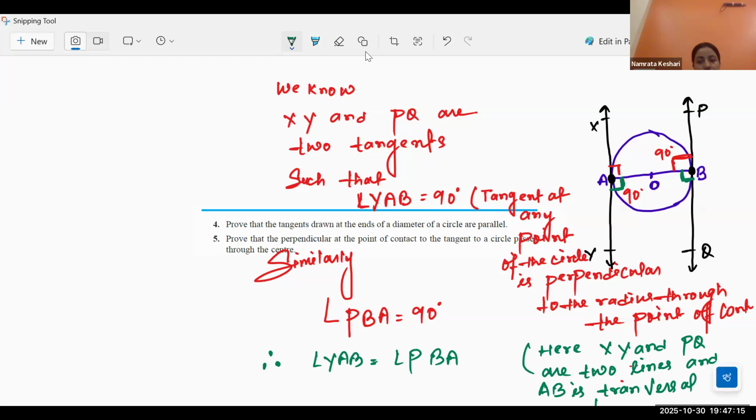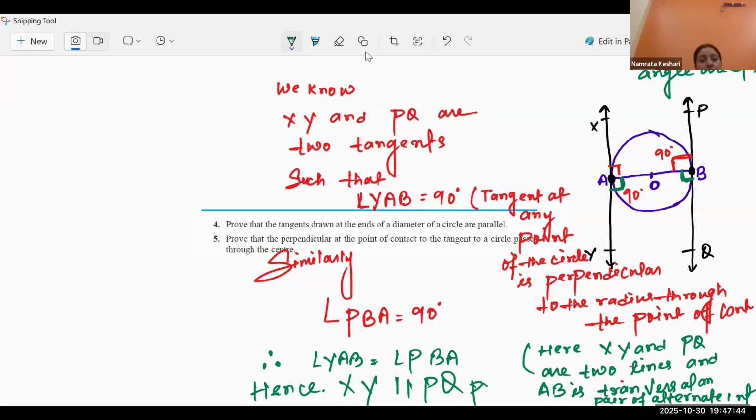Okay, downside I'll write: pair of alternate interior angles are equal. Write it, okay? Angles are equal. Therefore, hence, XY must be parallel to PQ. And we are done with the proof.